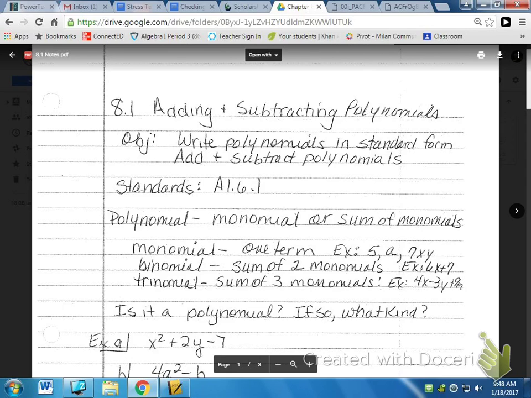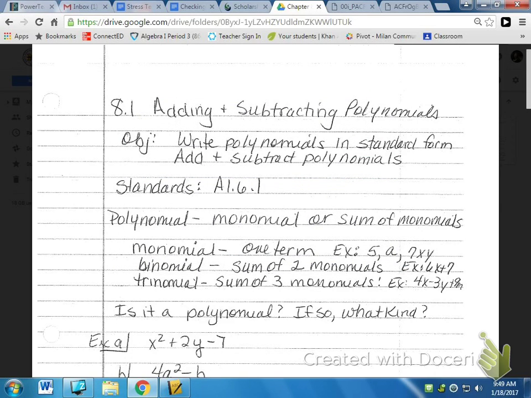So let's just talk about polynomials in general. Poly means many. We've already talked about monomials, and mono means one. Well, a polynomial is either a monomial or a sum of them. So polynomials is the whole category of all nomials, including single terms, which is monomial.